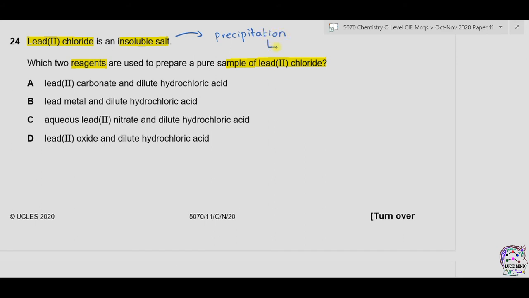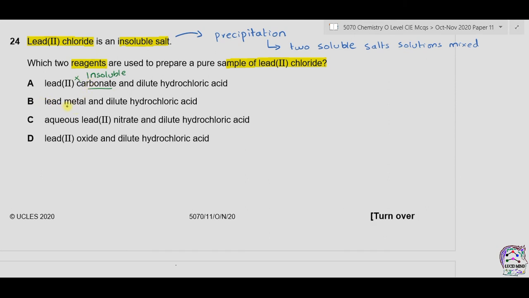What happens in precipitation is that two soluble salts are mixed together to make an insoluble salt. A. Lead 2 carbonate and dilute hydrochloric acid. Now lead 2 carbonate is insoluble, so we won't use lead 2 carbonate.